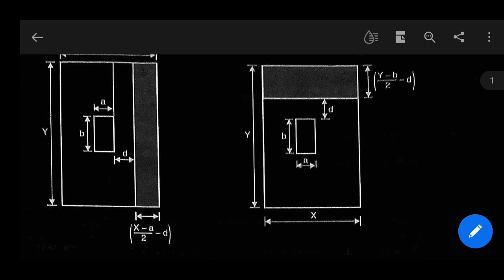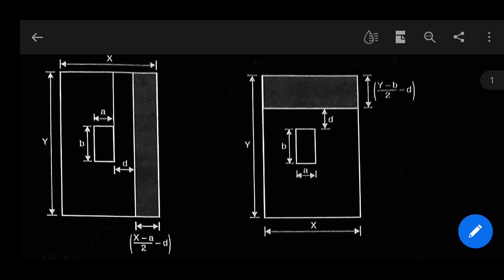this value will be, for longer direction, X minus a by 2 minus d, and for shorter direction, as you see, Y minus b by 2 minus d.